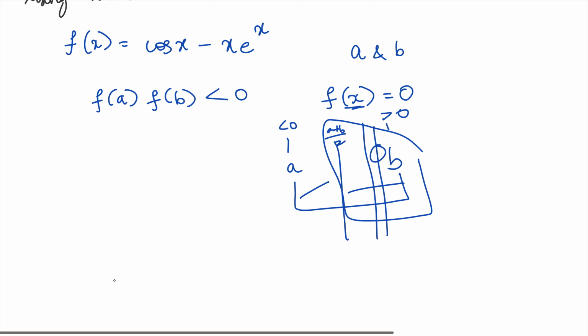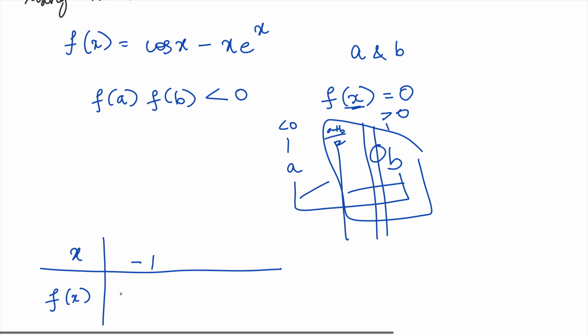So now let's draw a table. We'll have x here and f of x here. Let's say the x value is minus 1. What is f of minus 1? Cos minus 1 minus minus 1 e power minus 1.